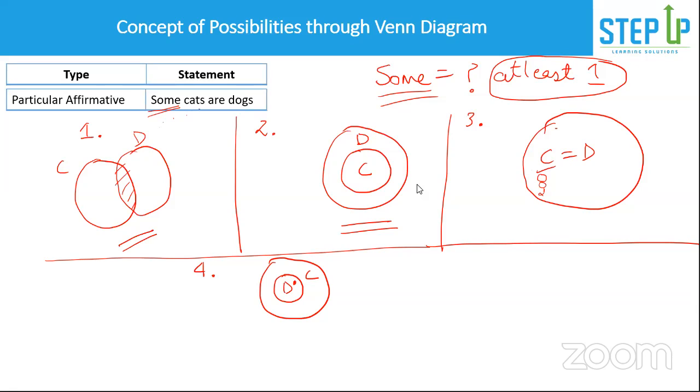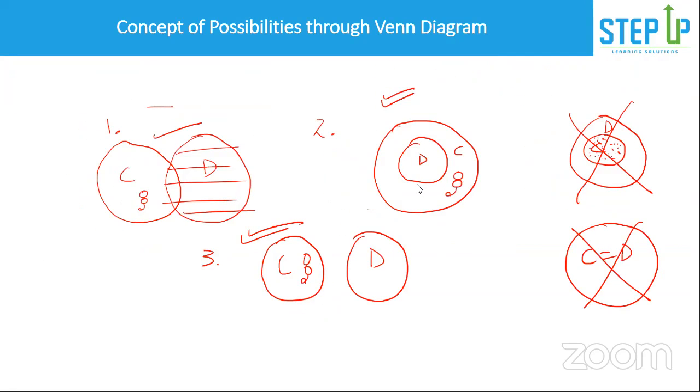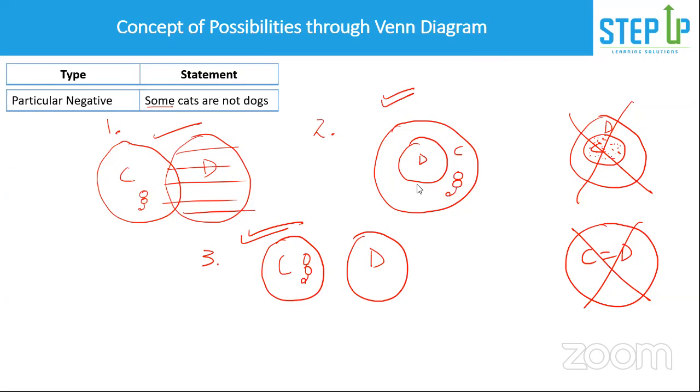Let's move a little ahead. Now the fourth statement, which is some cats are not dogs. For this, how many diagrams were possible? Three diagrams to represent this possibility. Okay. So this is possible. Excellent.